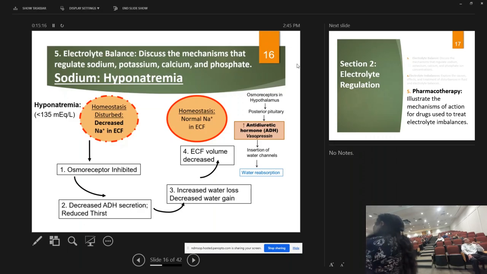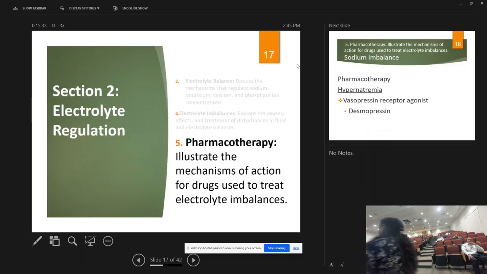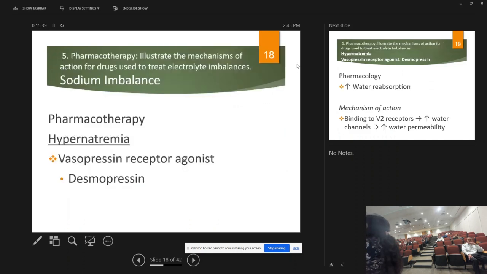So that's how you decrease your volume and bring it back to homeostasis. This is still physiology, but not everyone is able to correct it, so that's where you need the therapy, right? So let's move on to the mechanism of how, if there is a drug available, how can it help correct?